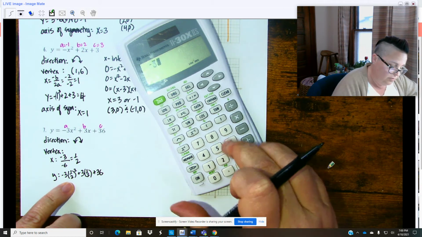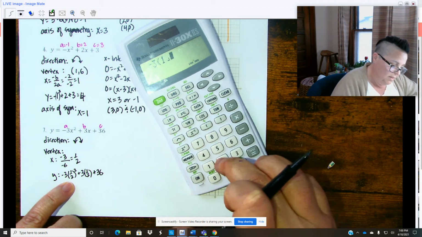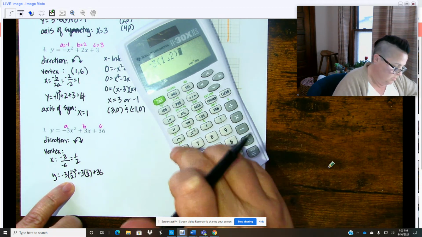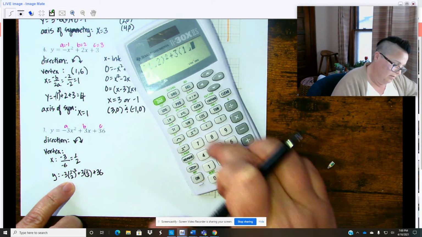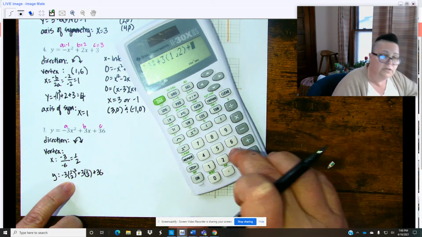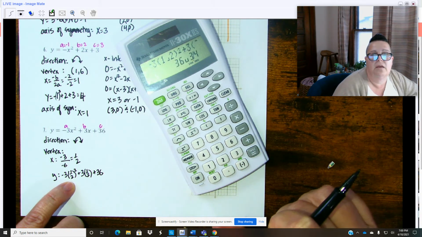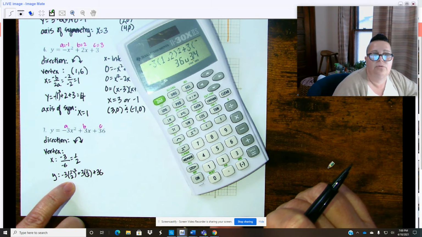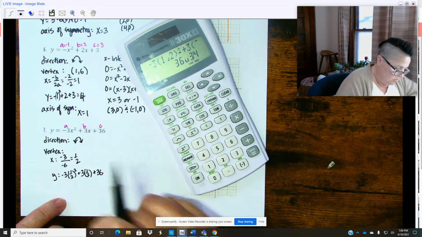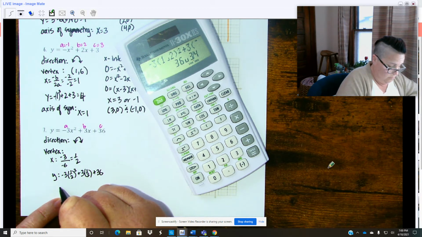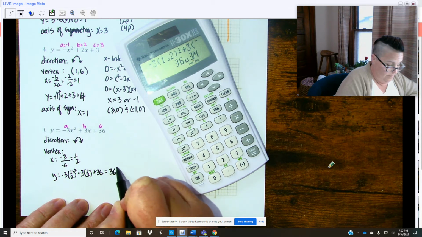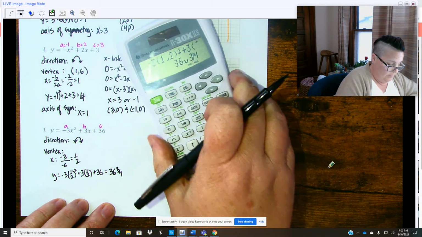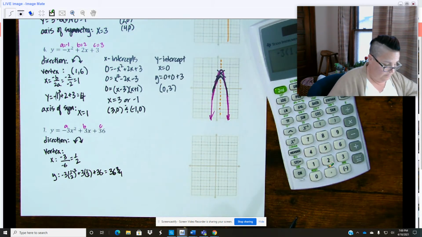So I'm going to have negative 3 times 1/2 squared plus 3 times 1/2 plus 36. This should work out, I think. 36 3/4.